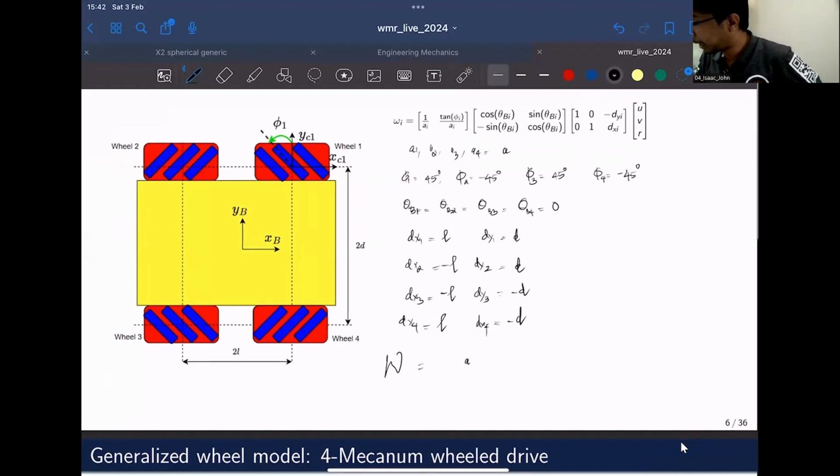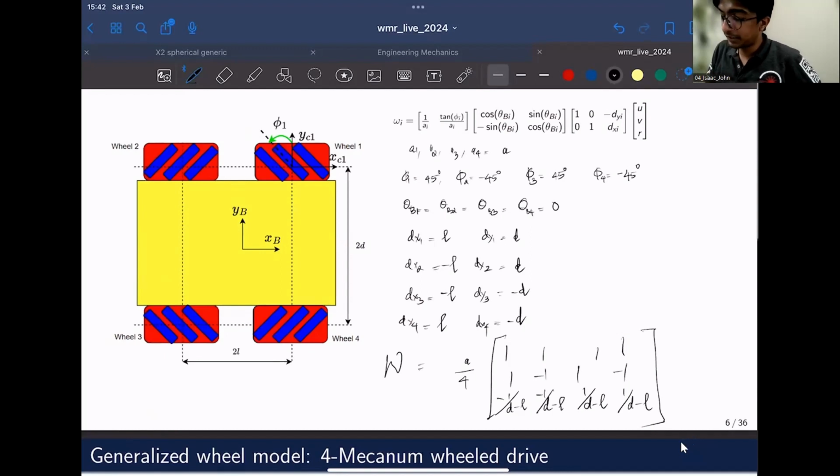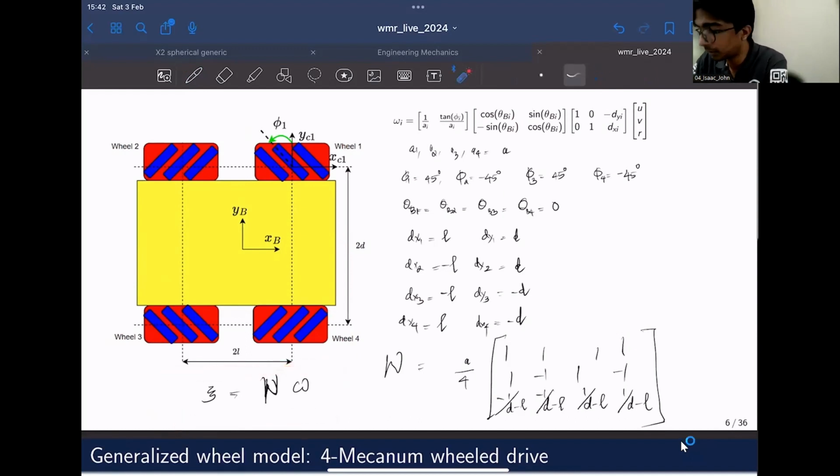You will get it as A by 4 times 1, 1, 1, 1, then 1, minus 1, 1, minus 1, then minus 1 by D minus L, minus 1 by D minus L, 1 by D minus L, 1 by D minus L. Using this wheel configuration matrix, you can map the control input vector theta to the vector of angular velocities of the wheels. So that is also straightforward.